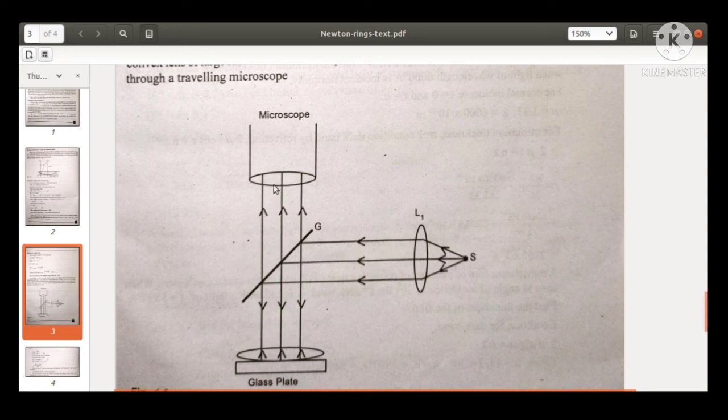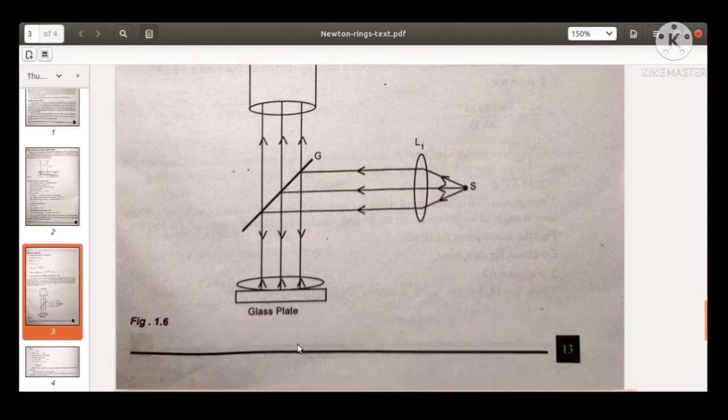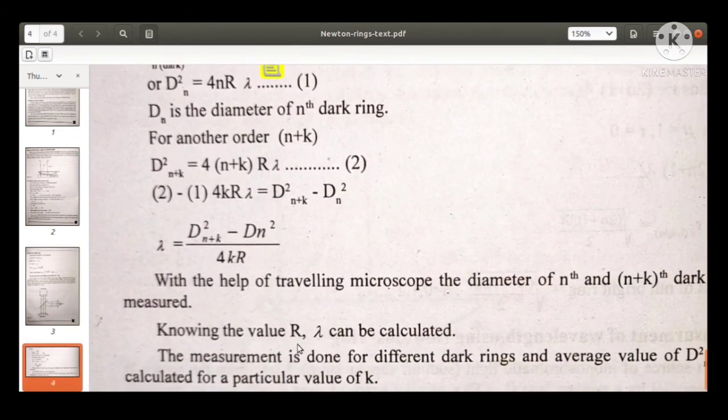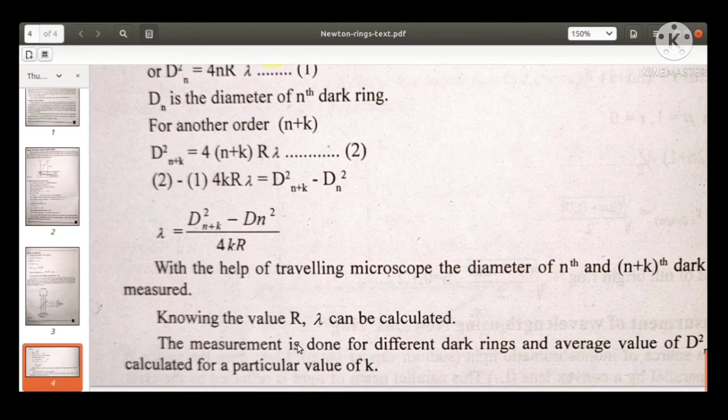We can place the crosswire of the microscope on a particular fringe, so that we can locate the nth ring or the (n+k)th ring, etc., and measure the diameters of the rings.